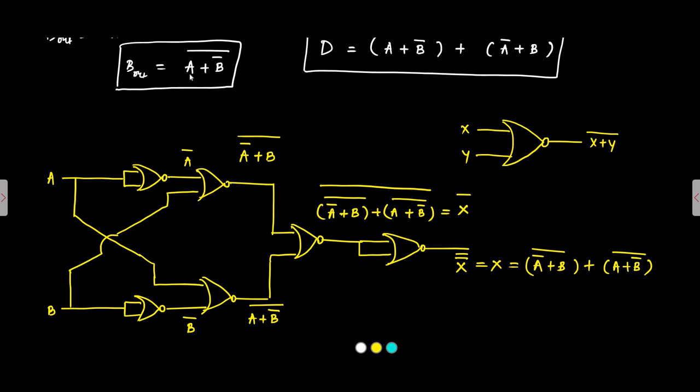Now the borrow output is A plus B bar whole complement. Here we have got it, A plus B bar whole complement, it is already there. So this is the borrow output and this one is the difference.